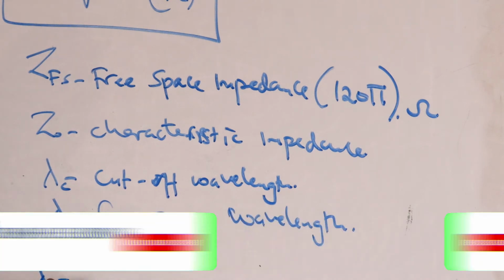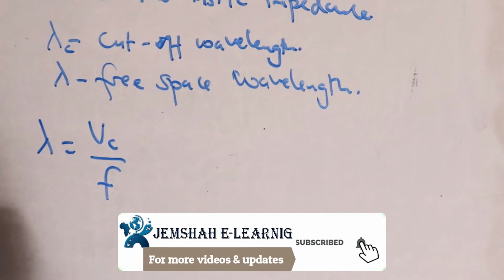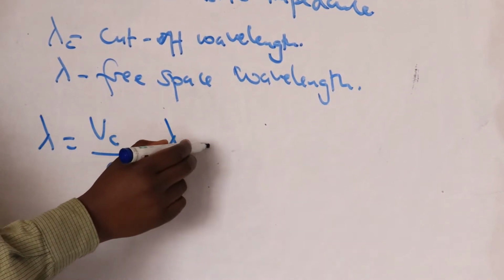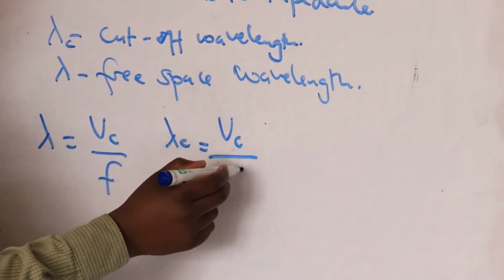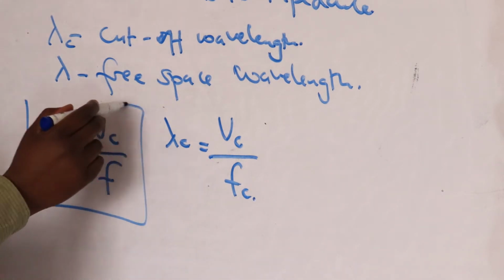So lambda is given by VC over F, and lambda C is VC over the cut-off frequency. So take note of these terms.